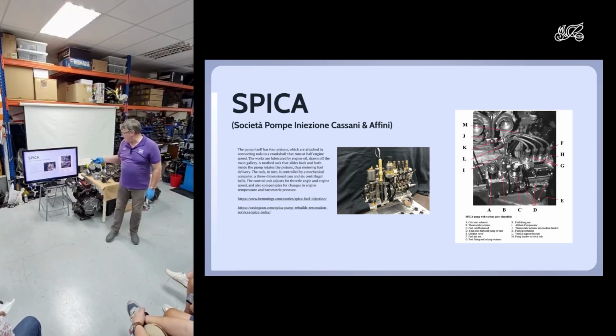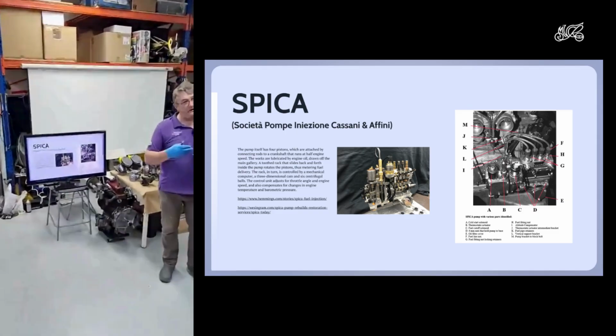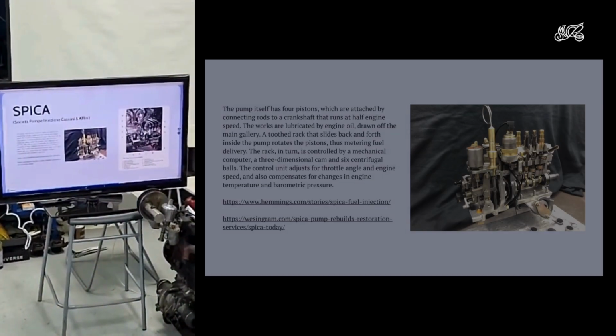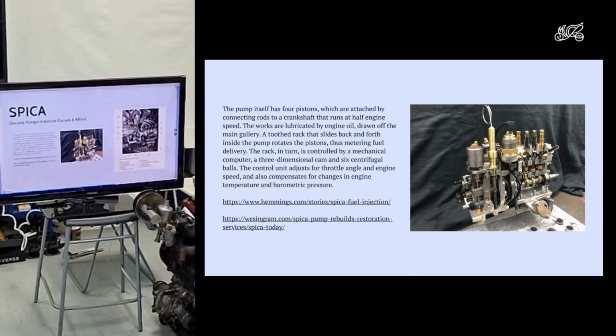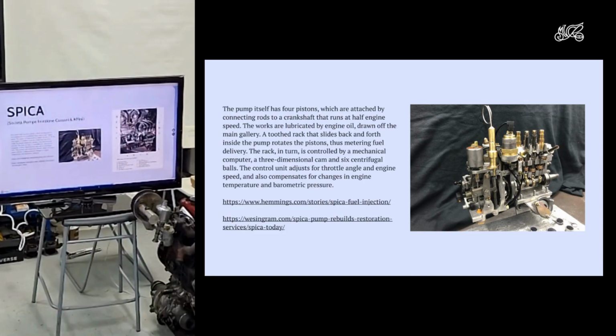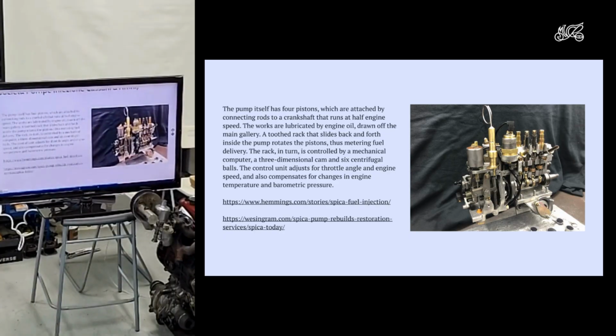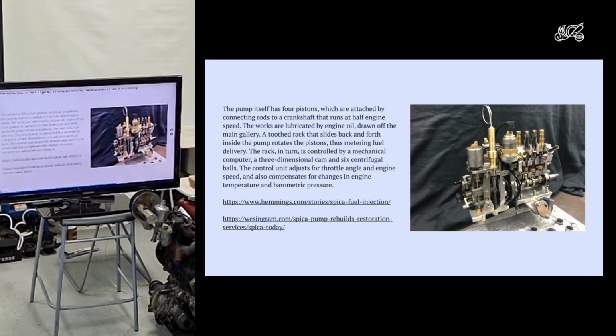It's somewhat similar in design to how the Bosch system works, and it's using a centrifugal engine speed governor system. Yeah, so that's another one. I actually don't know much about these ones, but the principles are the same. It's measuring manifold pressure, it's measuring engine speed, it's adjusting. This one's also using the spiral groove approach.